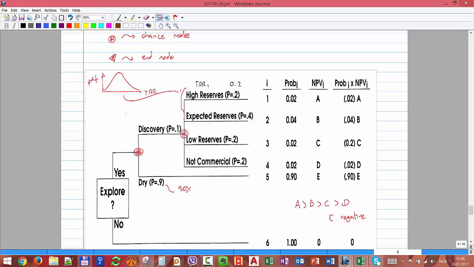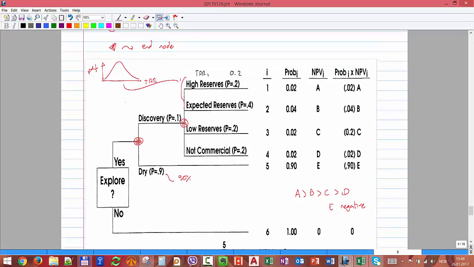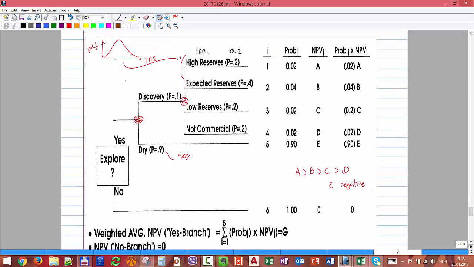Of course, if I take 20 options here, I will be closer and closer to my continuous distribution, but it will be more expensive.